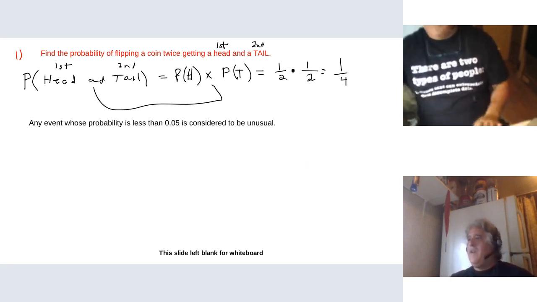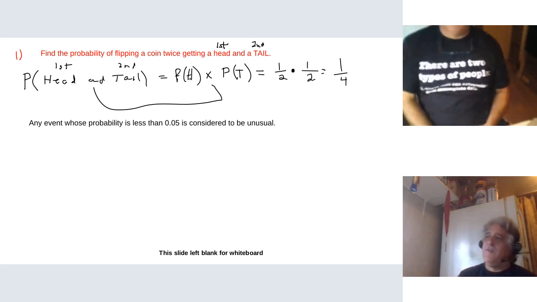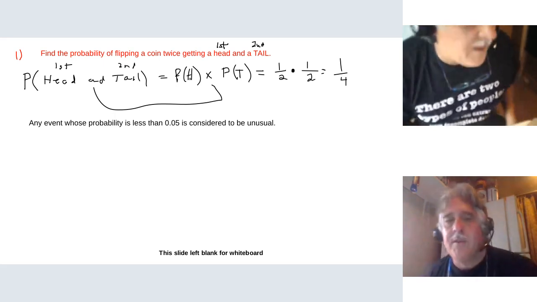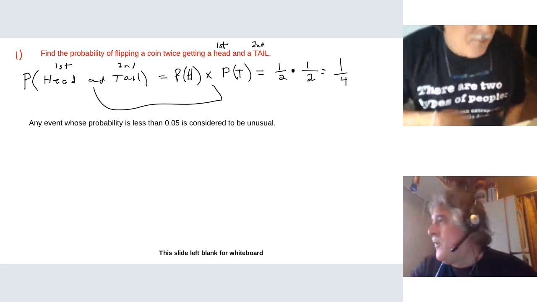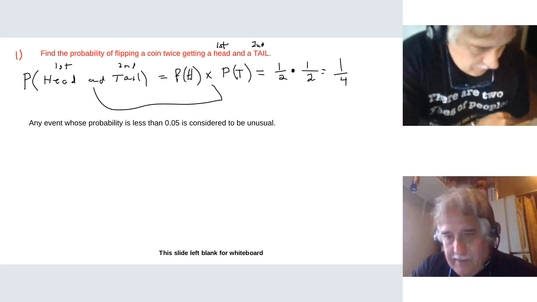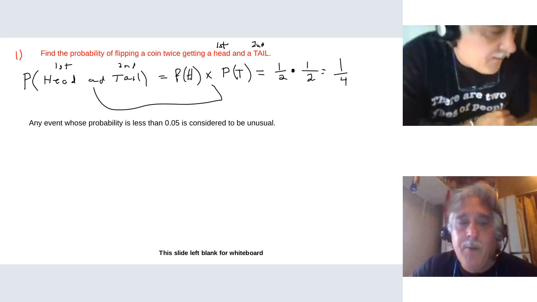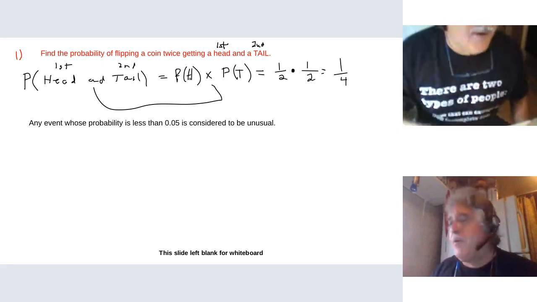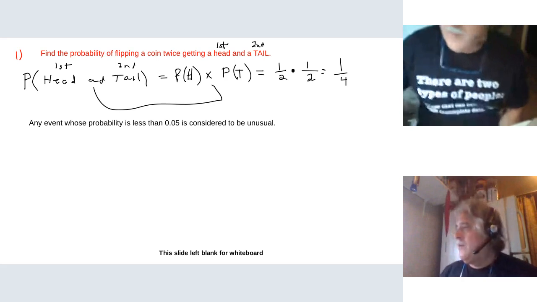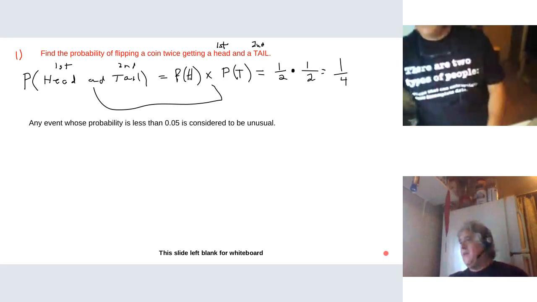Any event whose probability is less than 0.05 is considered to be unusual. This is going to be a theme that's mentioned throughout the course because 0.05 is 5%. But 5% is what the book and most books use to consider something to be an unusual event. And that's going to be important as we get into the second half of the course. So just remember that.